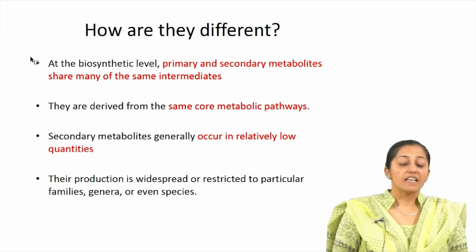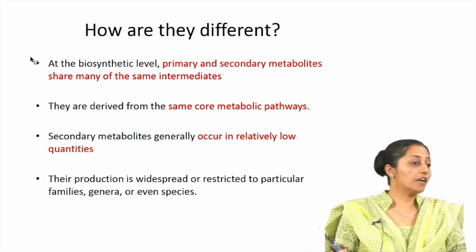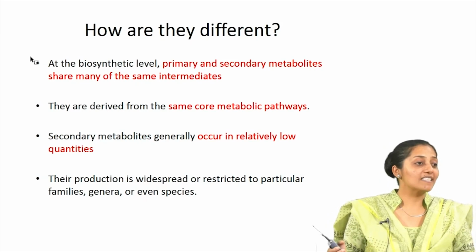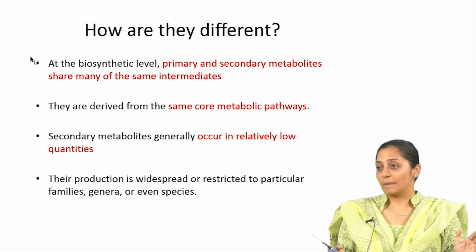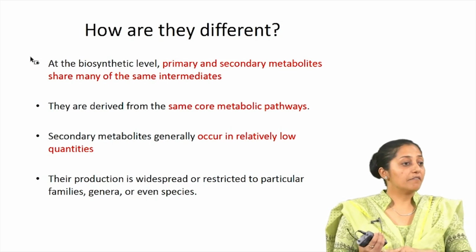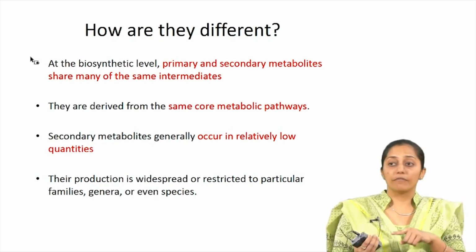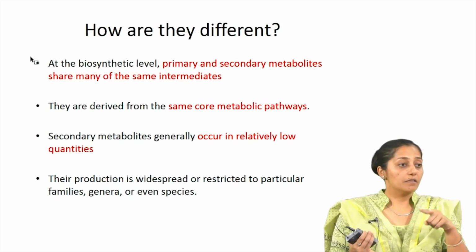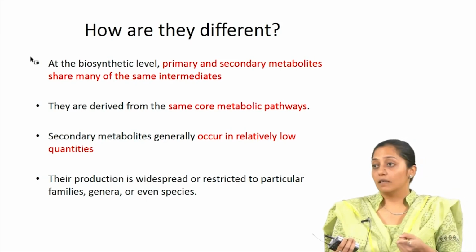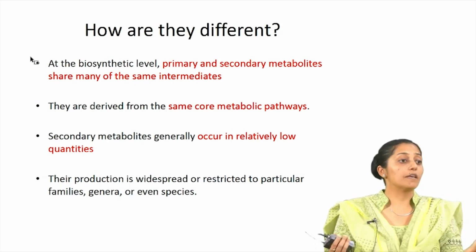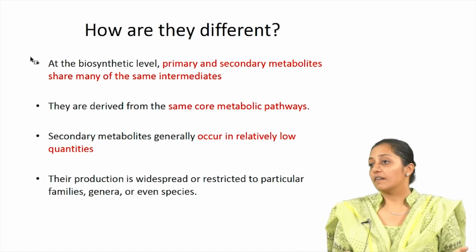The second thing is there is a wide array. You can't even imagine how wide is the secondary metabolism in plants. It is not uniform. It can vary from plant to plant, starting from family, then genus, even till species you can find variations in secondary metabolites.